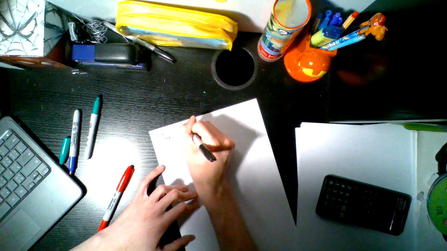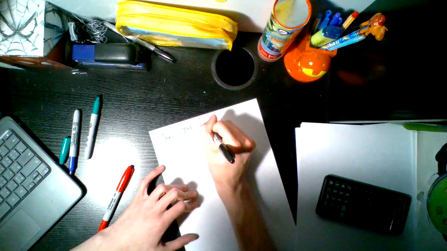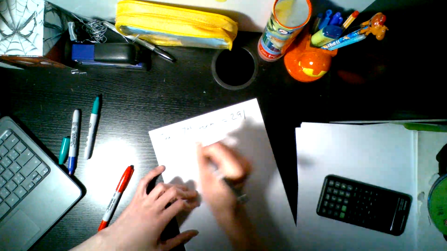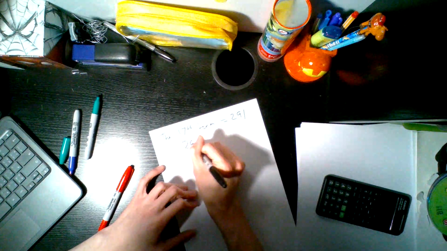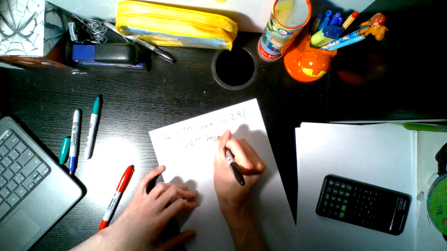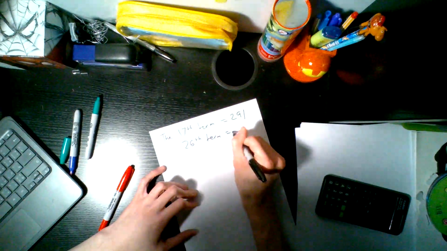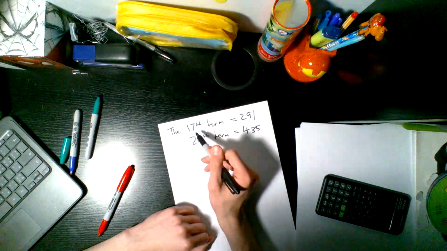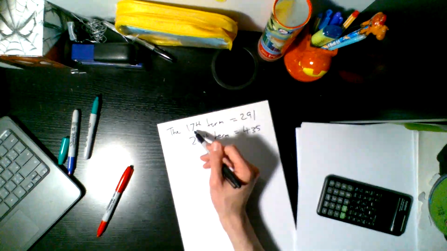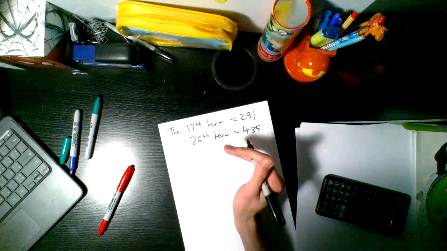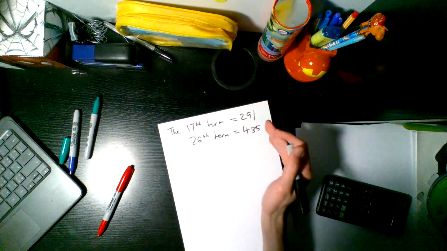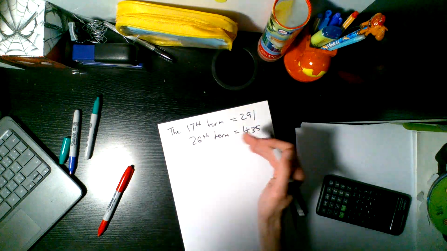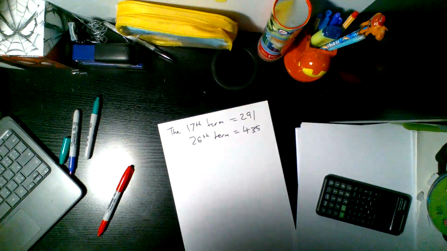The 17th term of a sequence is 291, and the 26th term of the sequence is 435. So if we start counting up, the 17th number will be 291, and the 26th term will be 435.